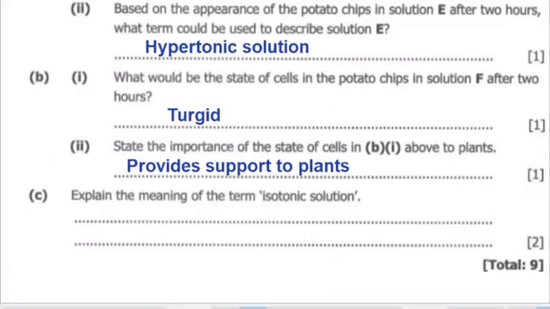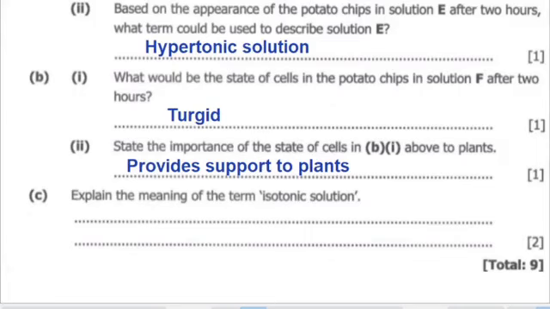So let us now look at our last question here, which is question C. Explain the meaning of the term isotonic solution. So when you talk of isotonic solution, we are looking at the solution whose concentration is equal to that of the concentration that is inside the what? The cell.